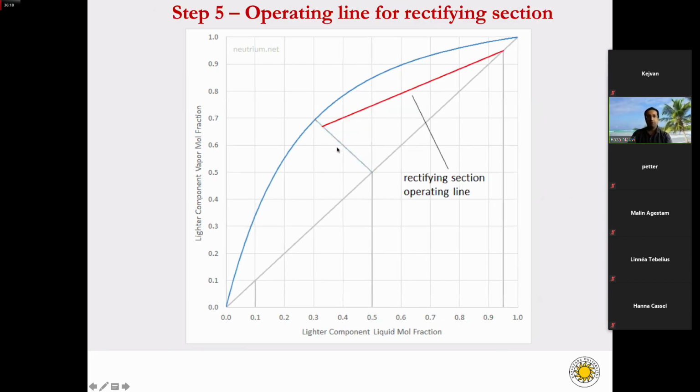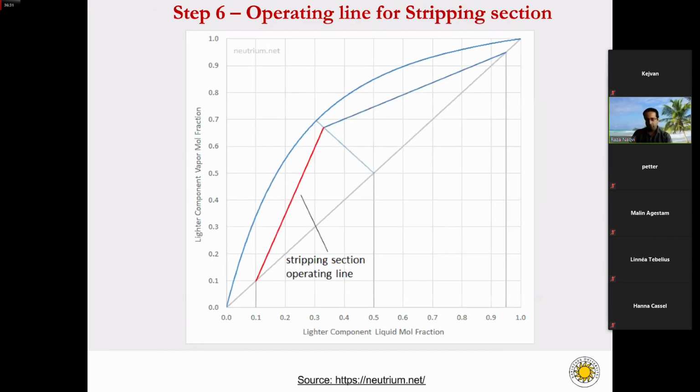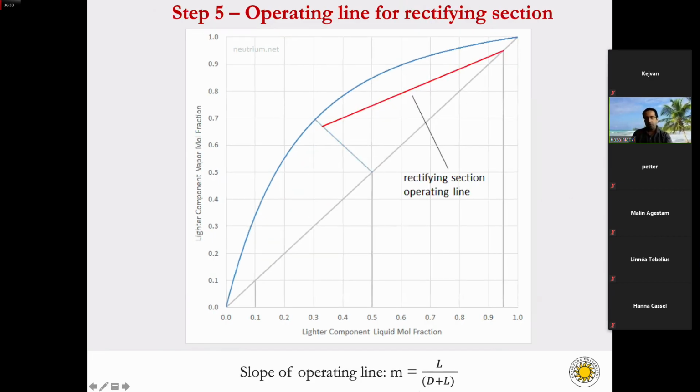Now step 5. Now we need to draw the operating line for the rectifying section, right? So how can we calculate the slope of the operating line for the rectifying section? It will be L over D plus L. So if we know the values of L and D plus L, then we can calculate the slope of the rectifying section.